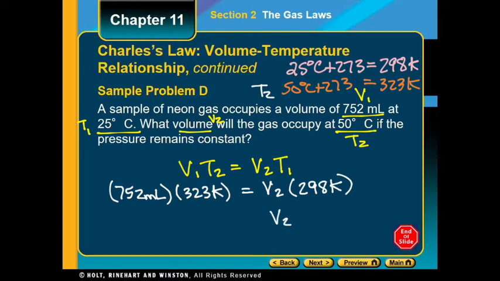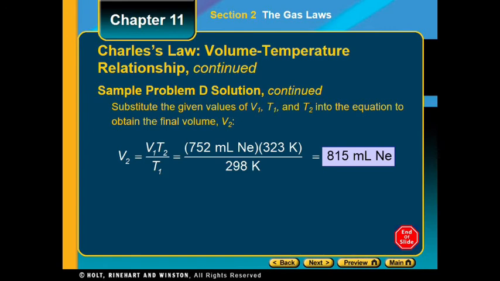Again, if you're going to solve for V2, the 298 must be divided on the opposite side. That's how we get rid of it algebraically. And our final answer is 815 milliliters of neon. Please make sure you can get your correct answers. So there is the final within the PowerPoint, rearranged for you.